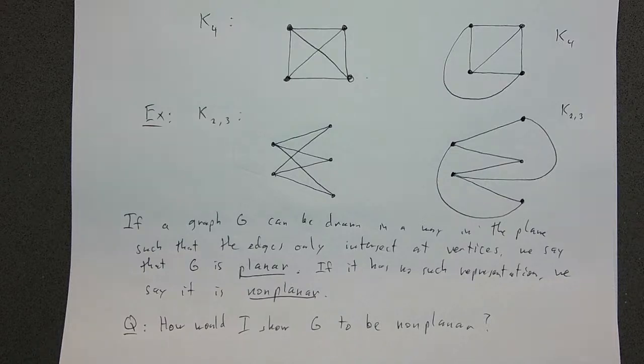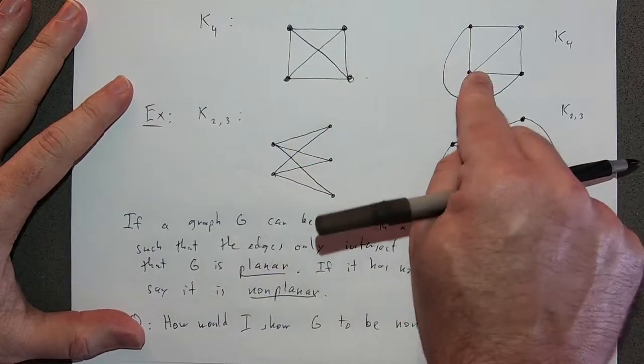I mean I need to use some sort of invariant thing that is not going to be changed by changing the representation. So I need to know some quantity that is unchanging when I go from here to here.